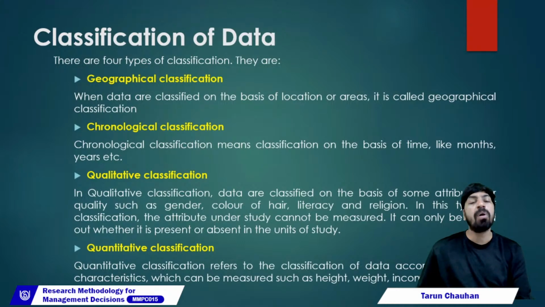The main difference between qualitative and quantitative classification is that qualitative data cannot be measured numerically, but quantitative data can be measured numerically.